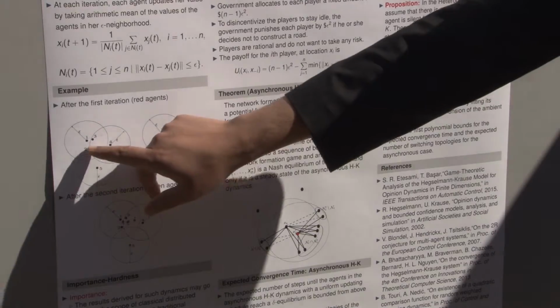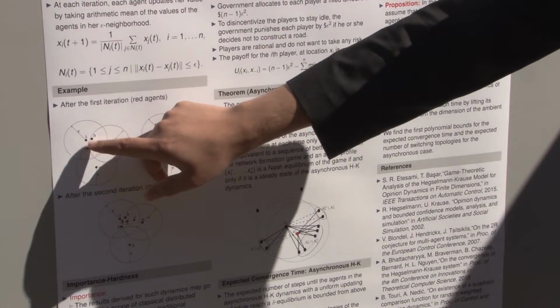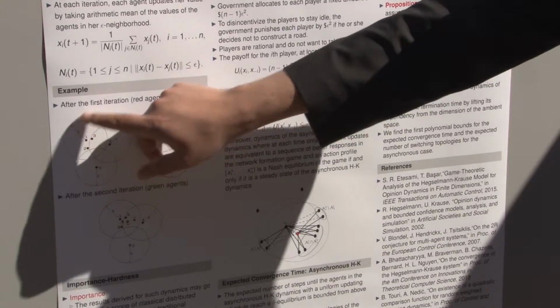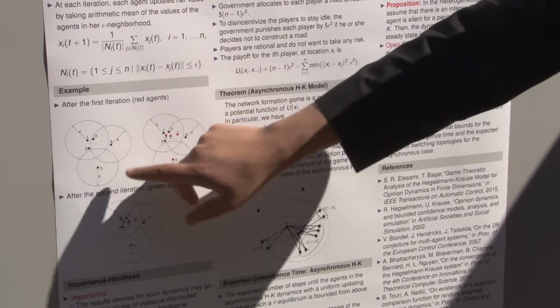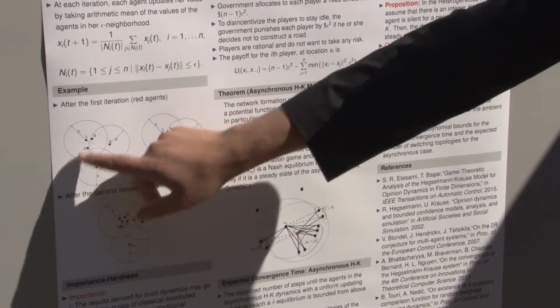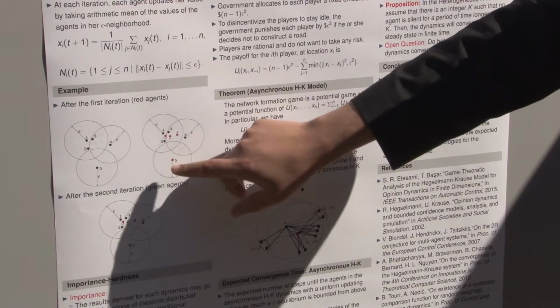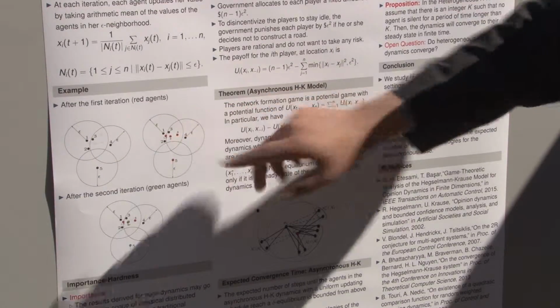For example, if this is the initial configuration, agent 1 takes the average of 1, 2, 3 because he can observe all of them, and then moves to this location. But agent 5 cannot observe anyone within his neighborhood, and he remains here. In the second time step, these agents move to the red points.